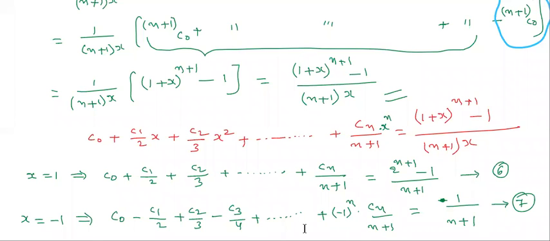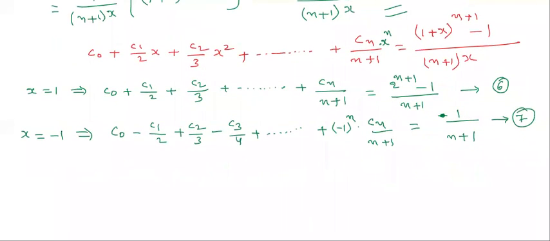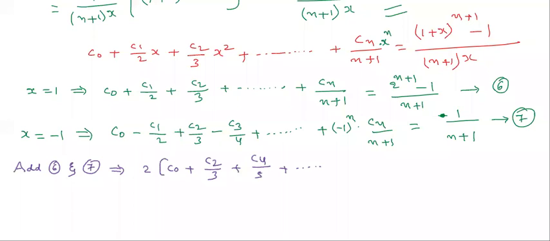What do we get, students? Tell me. 2 into (C0 plus C2 by 3 plus C4 by 5 plus and so on).